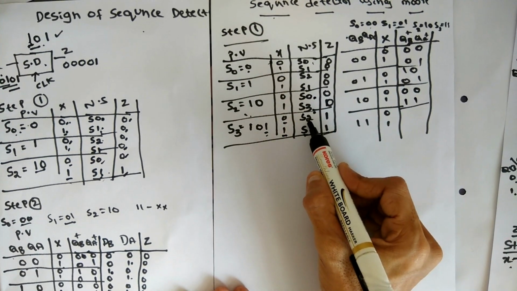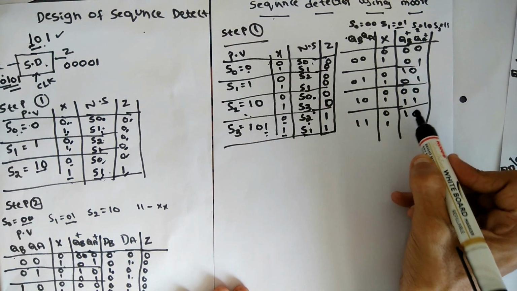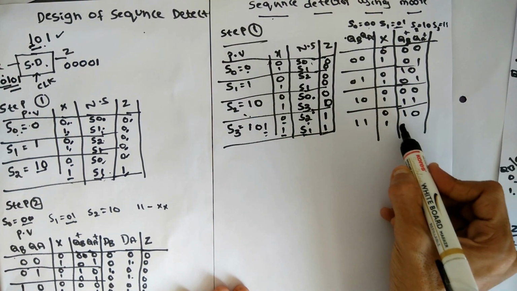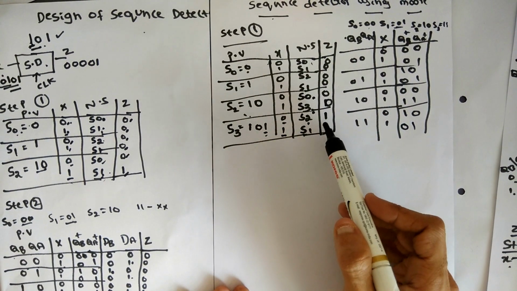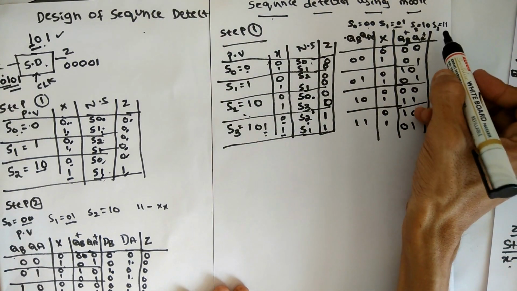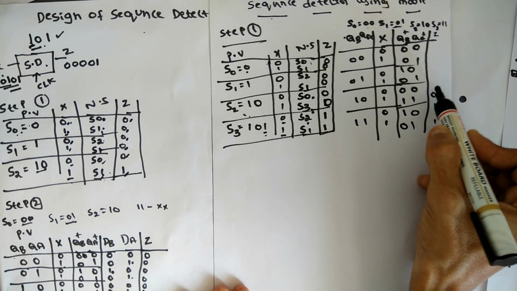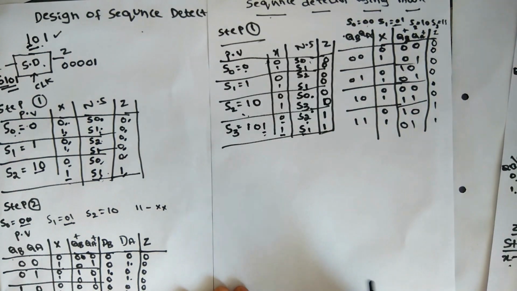Then for the last state, S2 is nothing but 1 0, and S1 is nothing but 0 1. So this is what we got as the state diagram to state table. For Z, the final two are 1 1, all the others 0, so simply fill 0 for the other states.